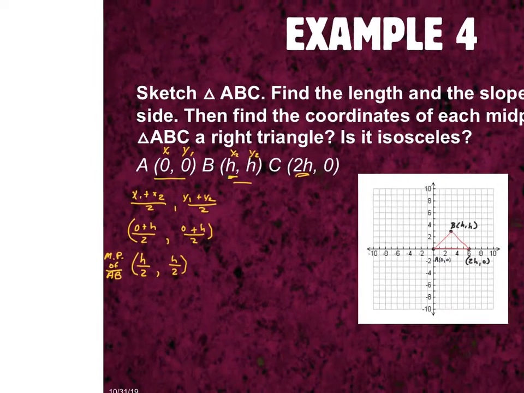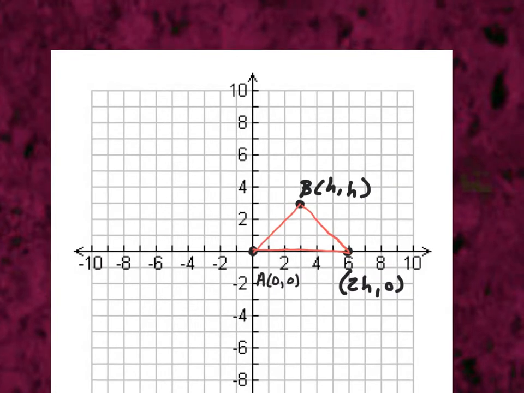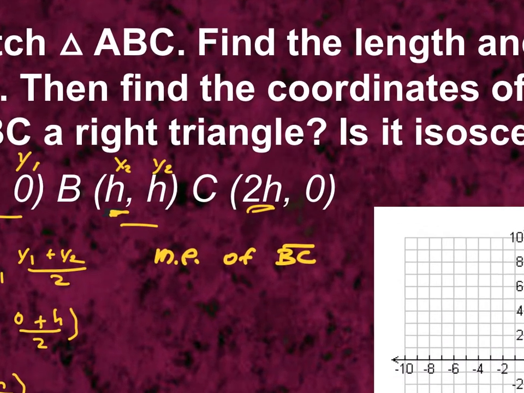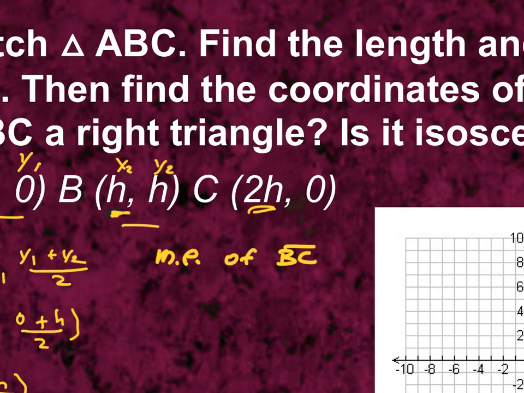We also need, so let's look at that one on the right now, that would be BC. So we're going to look for the midpoint of line segment BC. Since I already have an x2 and a y2 on B, I'm just going to make this x1, y1, because remember, it doesn't matter which one we call the first set and the second set. So we've got h plus 2h, that's adding the x's together and dividing by 2.